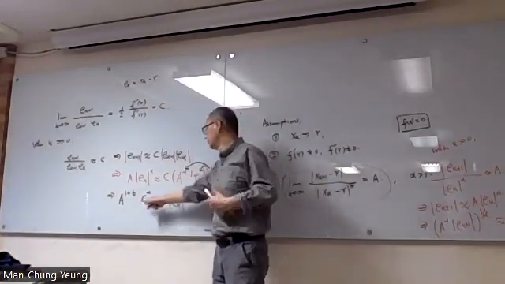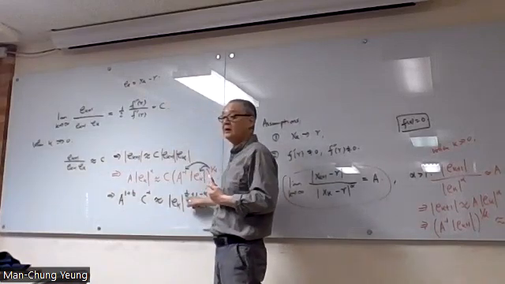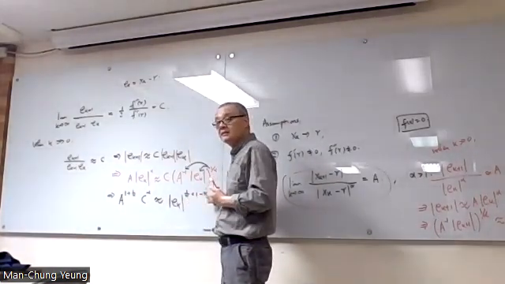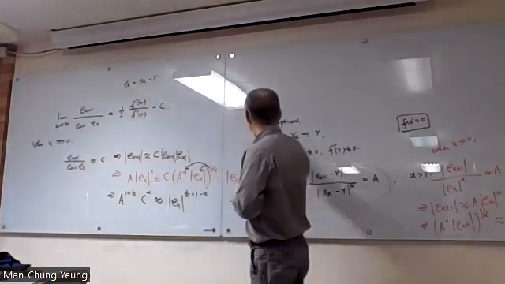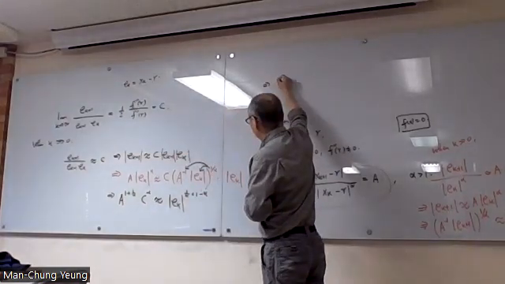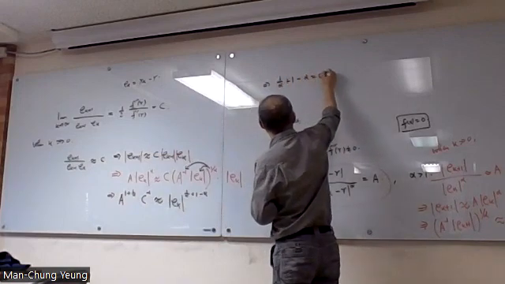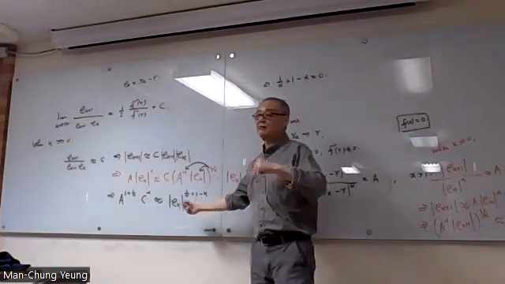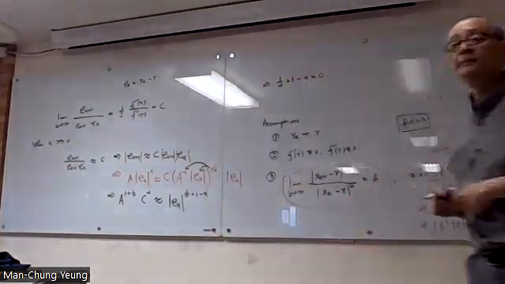Then how to keep the left side and right side about the same? The only answer is the power is 0. From here, we get 1 over alpha plus 1 minus alpha must be 0. Otherwise, left side and right side cannot be the same.